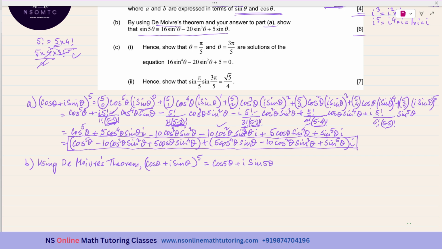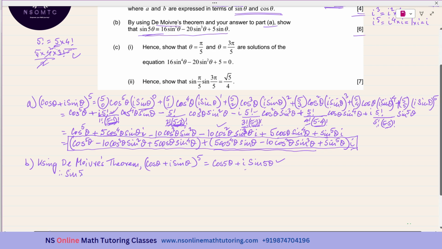Okay. Therefore, I am taking i sine 5 theta because they have asked us to get the expression for sine 5 theta. This is the imaginary part. I'll be taking this imaginary portion. Okay. So, sine theta, I'm not writing the i. The i's will be getting cancelled. If you write this i and this i, they will get cancelled. So, sorry, it is sine 5 theta.